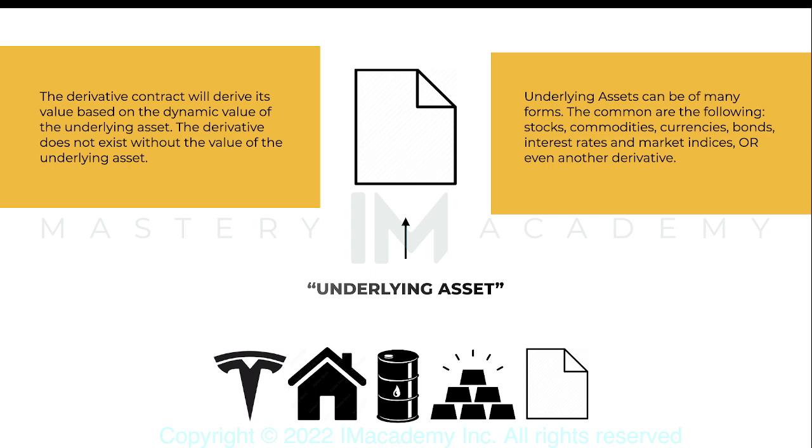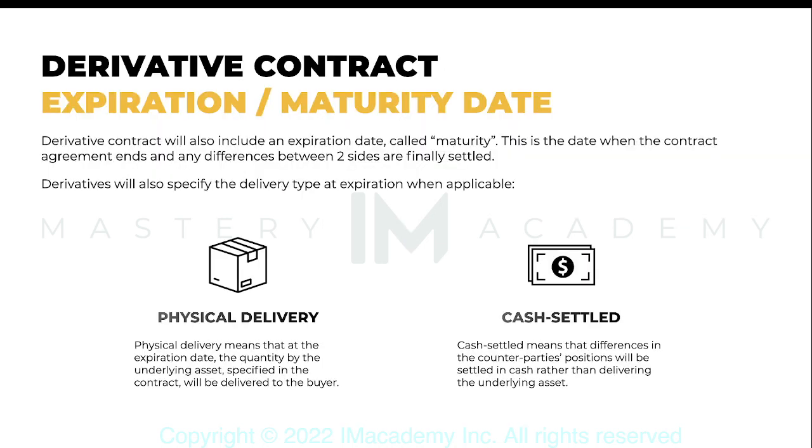Okay? Derivative contracts will also include the expiration date. This is the date when the contract agreement ends and any differences in the two positions are finally settled. Derivatives will also specify the delivery type at expiration where applicable. So, for example, some derivatives will permit physical delivery, like you can see on the left side of the screen.